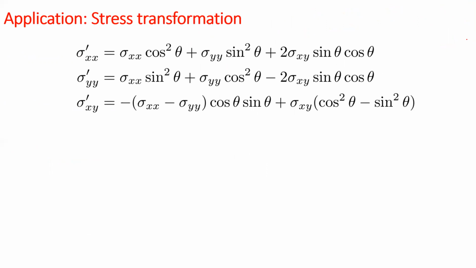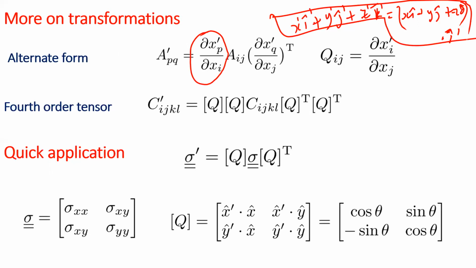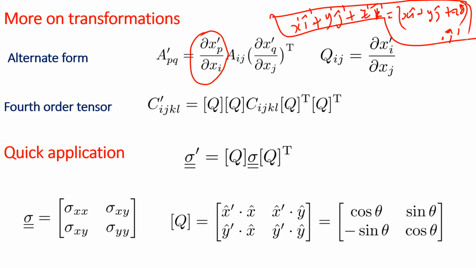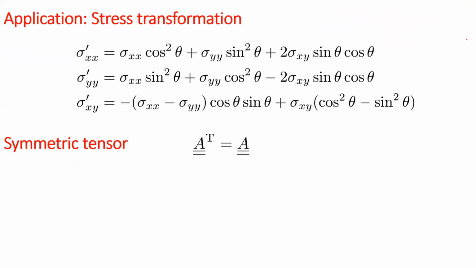Okay, it's one shot if you use this matrix notation or tensor notation. Whereas you can remember this formula, but it always helps if you can put it in a nice tensor or matrix form.